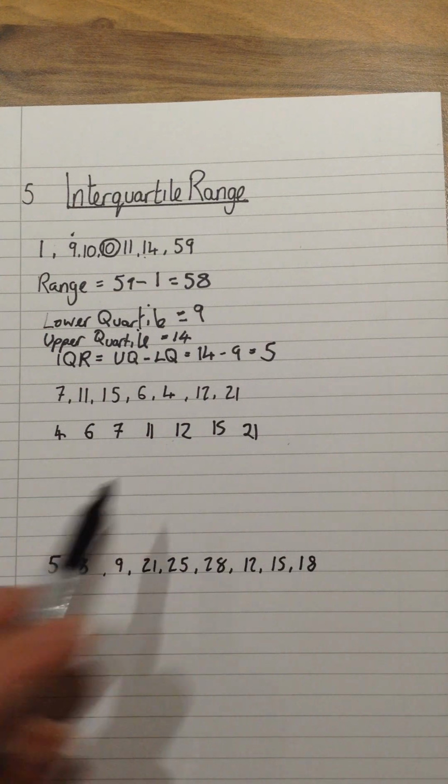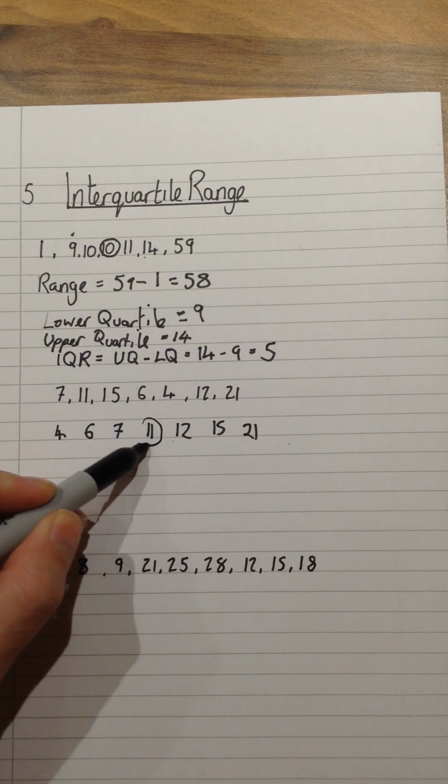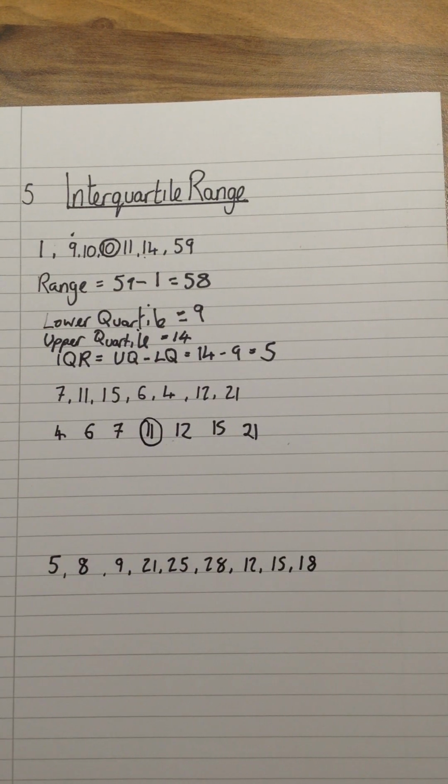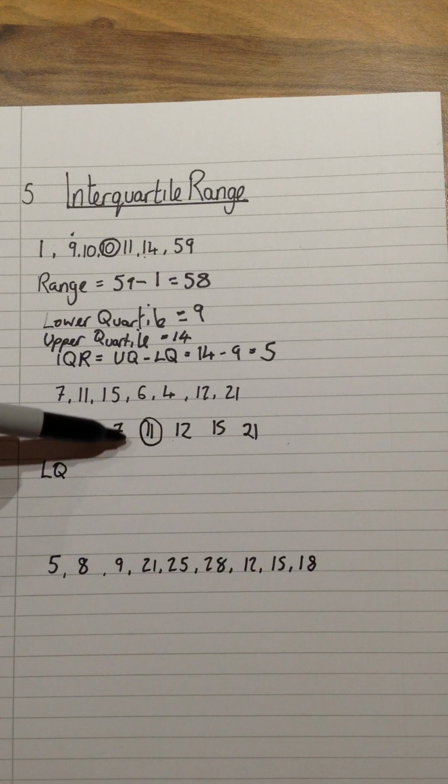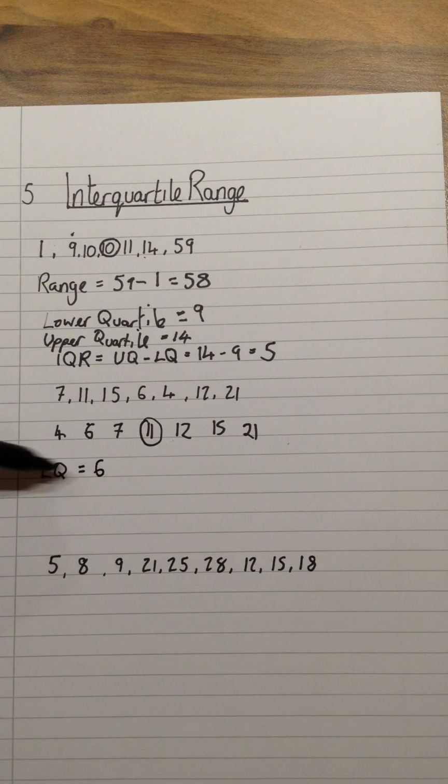So the middle number here is 11, which we'll circle. The lower quartile is whatever is in the middle of the data to the left of the median. So here the middle of 4, 6 and 7 is 6. For the upper quartile, we need to find the number that is in the middle of everything that's bigger than the median.